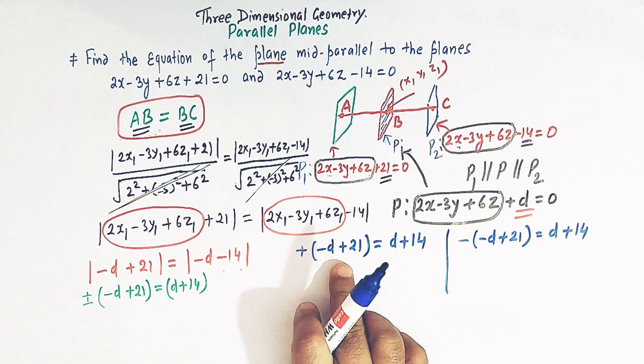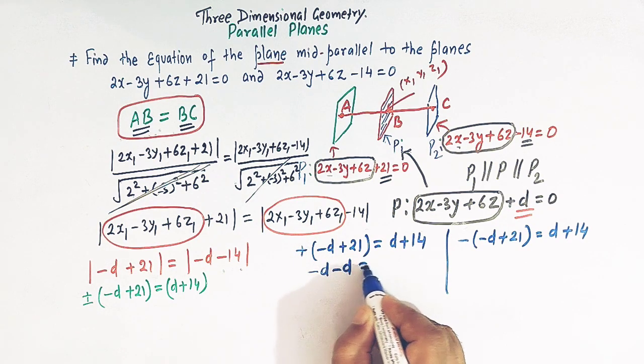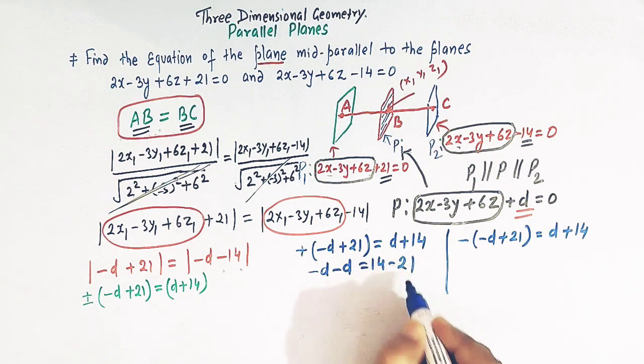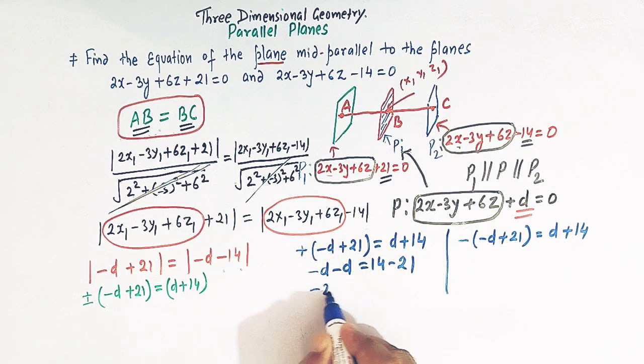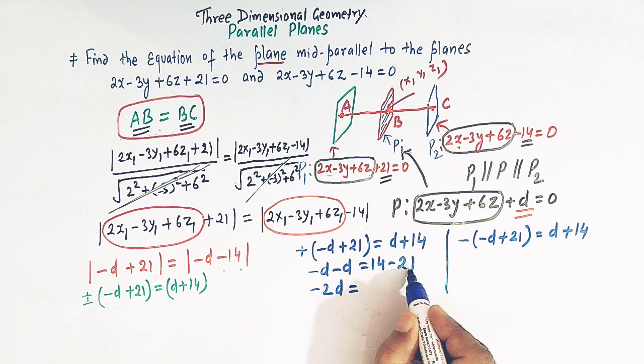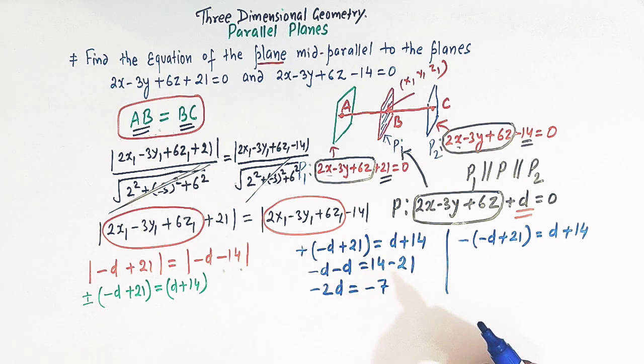So first we'll solve this one. So we have -d - d = 14 - 21, taking this d to this side and 21 to this side, we have -2d, and 14 - 21 is -7, right? So d is -7 over -2, that is simply 7 over 2, right?